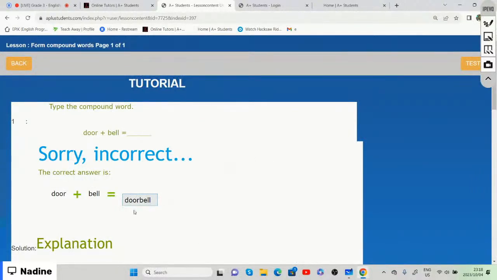So, for example, door plus bell. What is the compound word door plus bell?